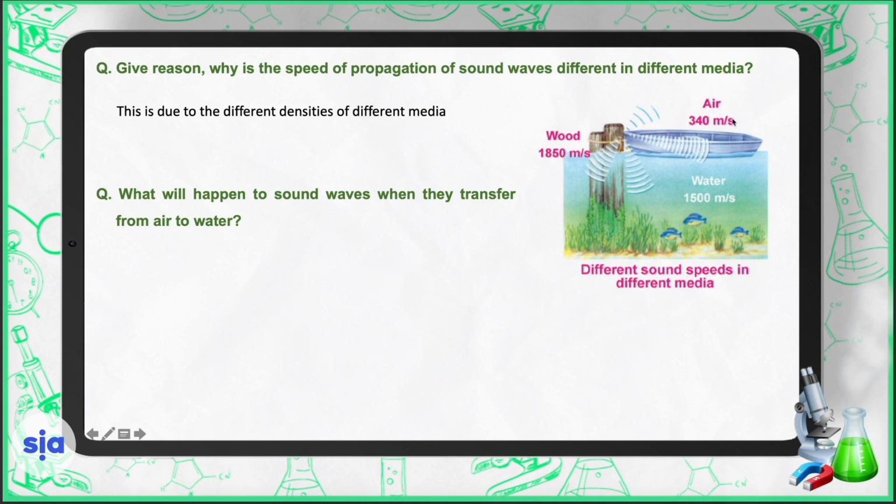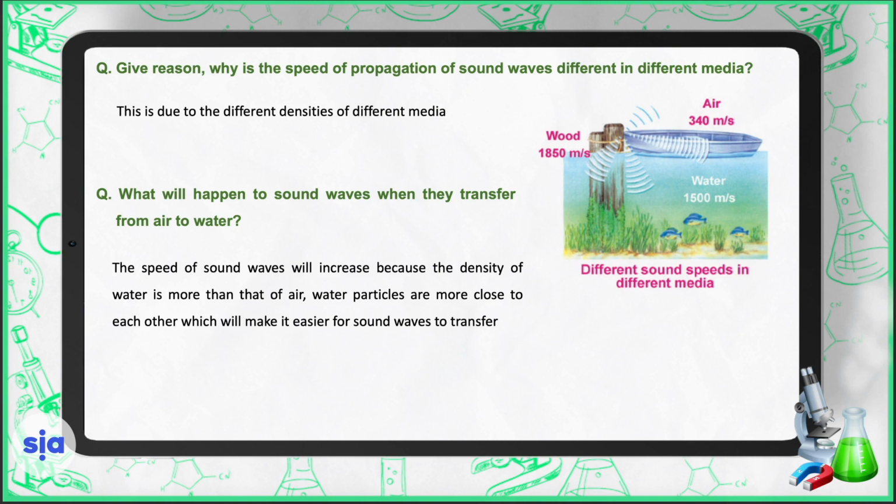You will find that in air, the sound waves have a speed of 340 meters per second, while in water, it's 1,500 meters per second. The speed of sound waves will increase when they transfer from air to water, because the water particles are more dense, closer to each other, which makes it easier for sound waves to transfer.